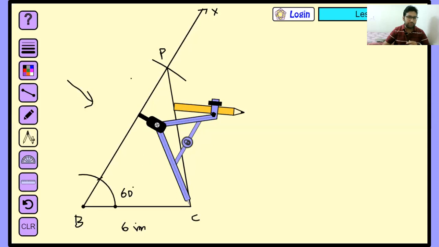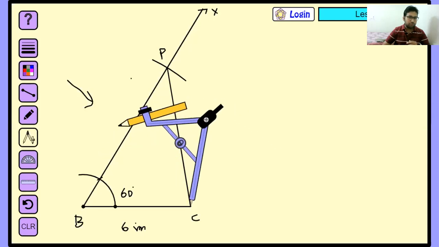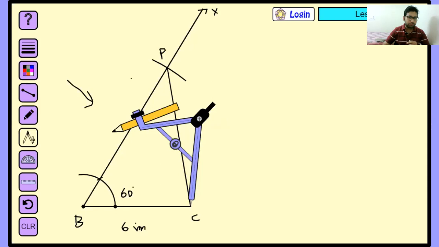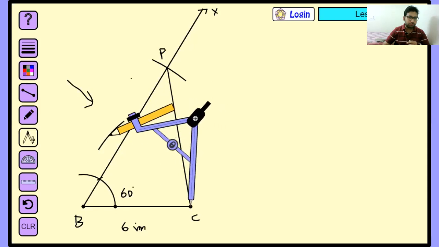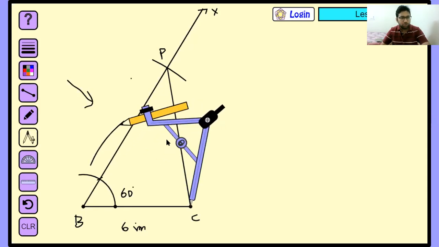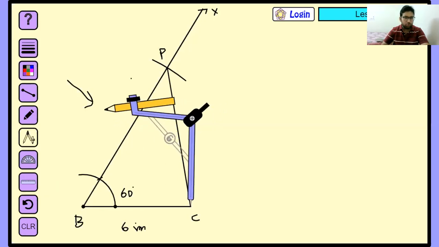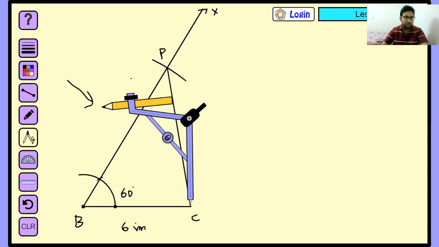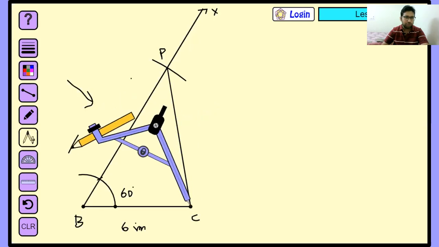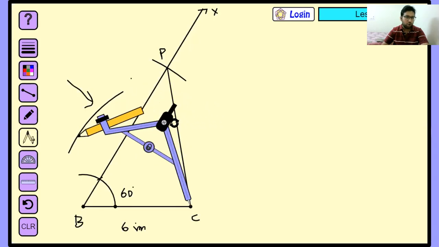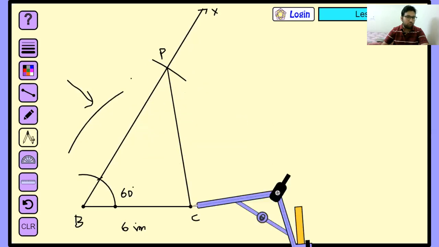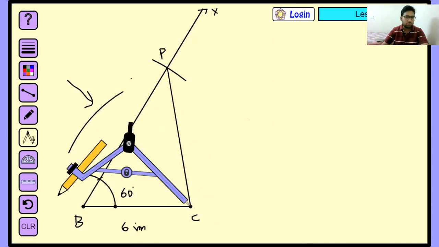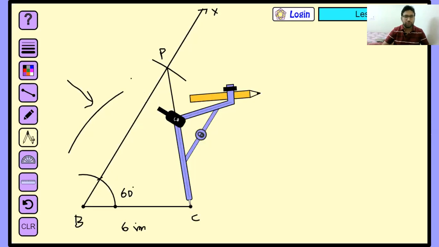The first arc is, suppose, coming here. Let me open it a little more. Now it's fine. This is the first arc that we have taken on this side. Similarly, you will take one arc on this side also.